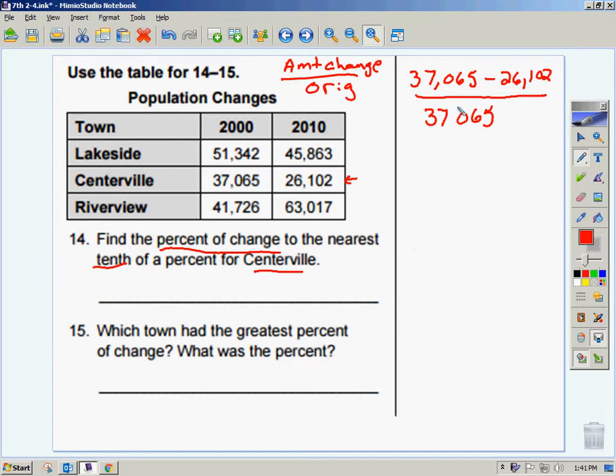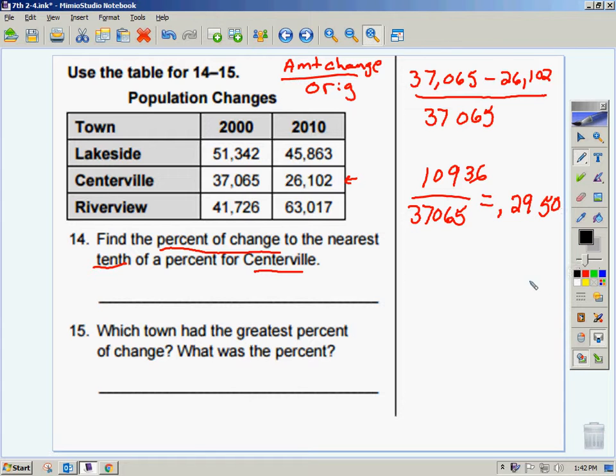Now, when I do the math in the numerator, it comes up to 10,936 divided by 37,065. If I do that, it gives me 0.2950.